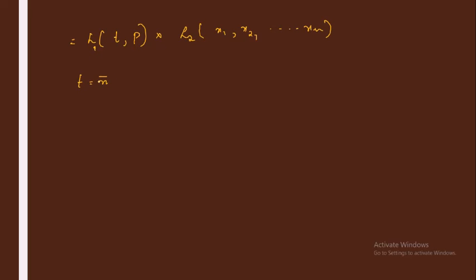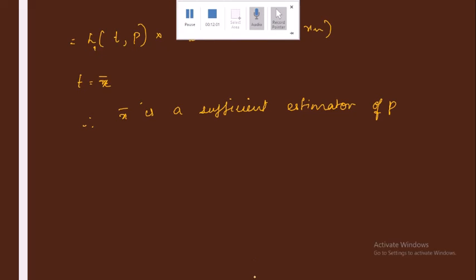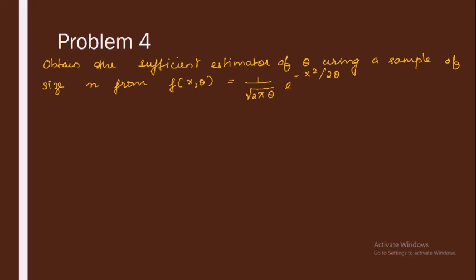Therefore we can say that x bar is a sufficient estimator of p. Okay, so let's move on to the next question.